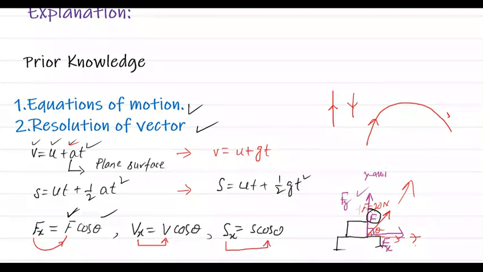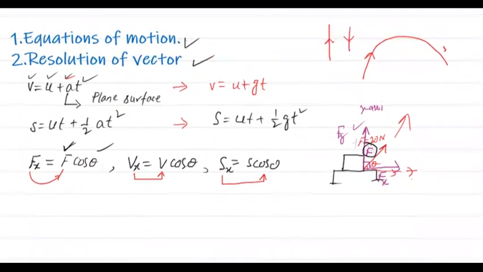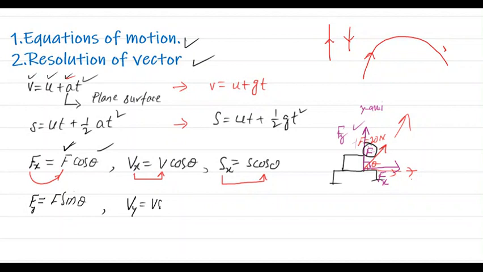In this way, for the vertical component it is almost similar. If we're talking about the previous force F, the vertical component of the F vector will be F sin θ. If we are using the velocity vector and need its vertical component, then Vy is equal to V sin θ.